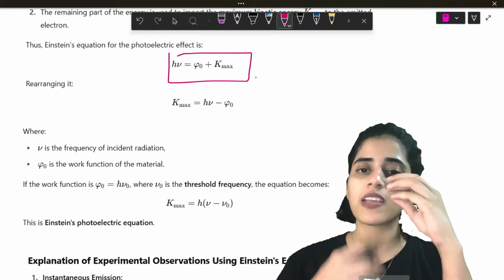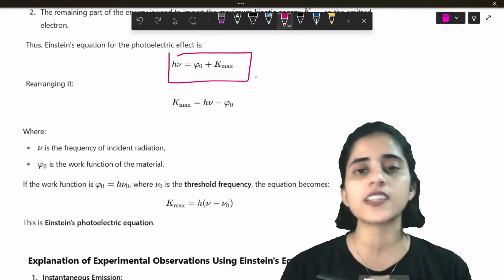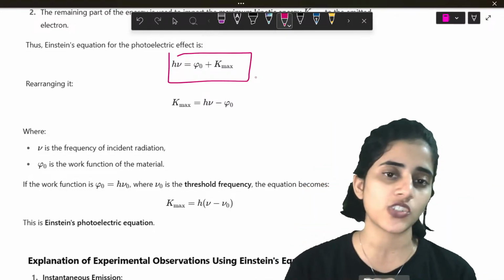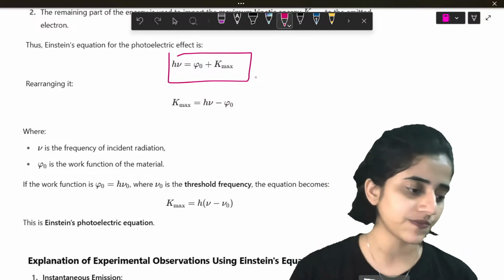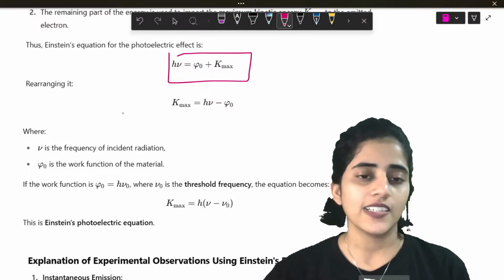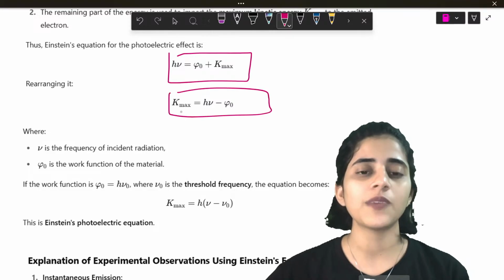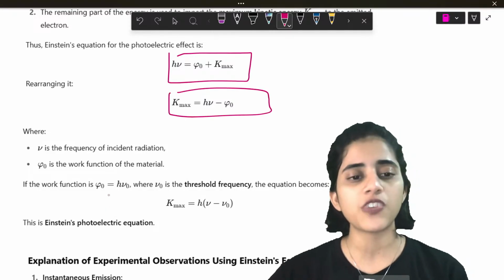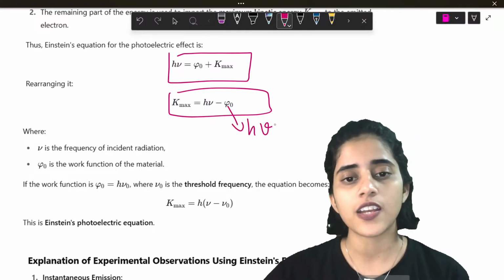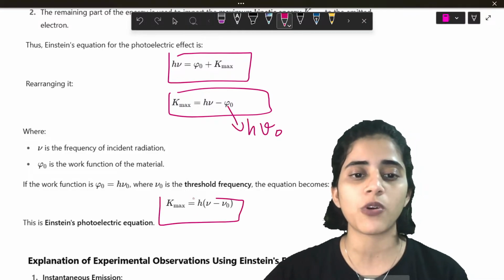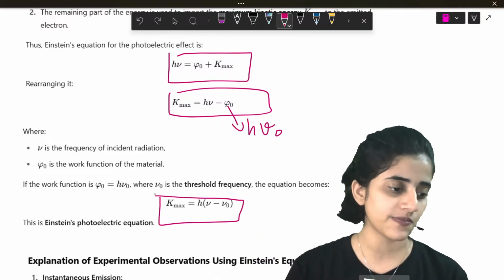Phi is the minimum energy required for the electron to be ejected, plus the maximum kinetic energy. So from this, kinetic energy is h nu minus phi. Now, if the work function phi naught is h nu naught, then the equation can be modified and written like this.